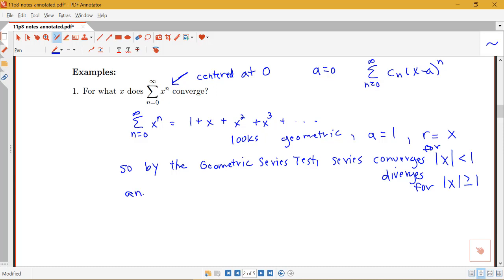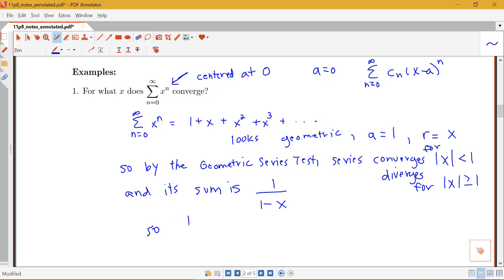The geometric series test also tells us that the sum of this series is a over 1 minus r, or 1 over 1 minus x. So this gives us our first function that's equal to our power series.